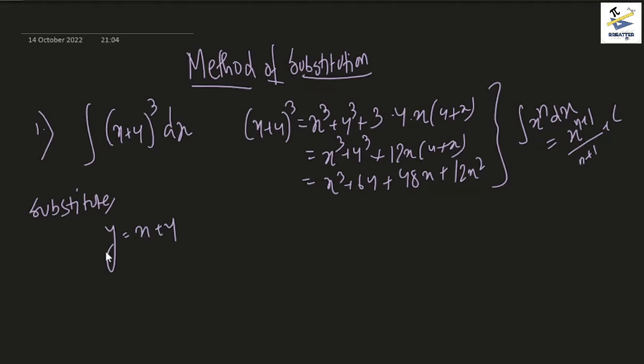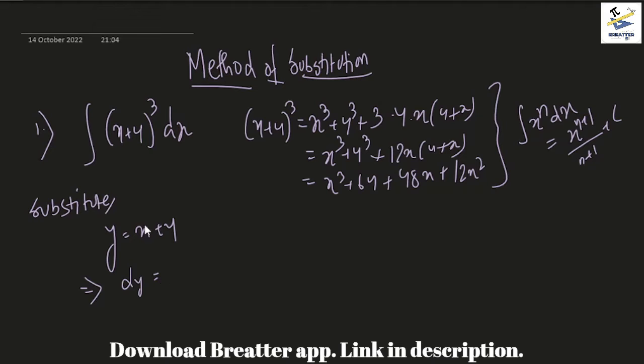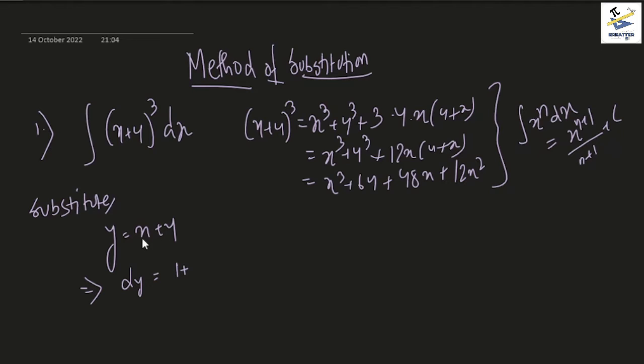Now when we take the derivative on both sides, we get dy equals the derivative of x plus 4 with respect to x, which is 1 plus 0, right? Because the derivative of x is 1 and the derivative of 4 is 0, times dx. So we get dy equal to dx, right?